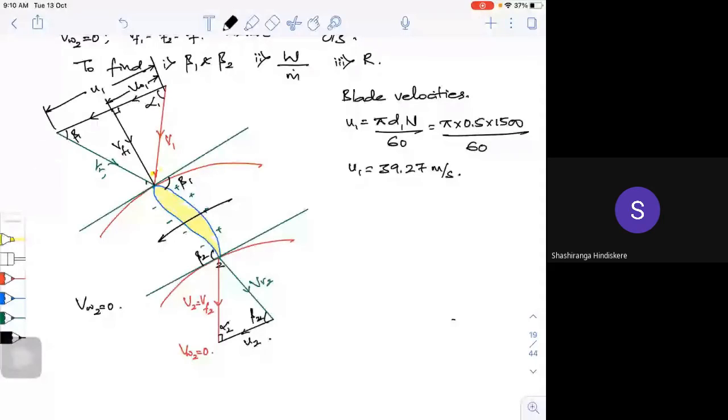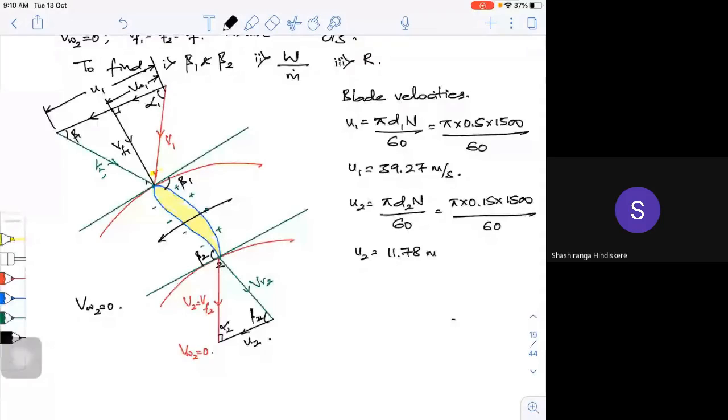Now what is my U2? U2 is equal to pi D2 N divided by 60. So this is pi into 0.15 into 1500 divided by 60. So U2 is equal to 11.78 meters per second.